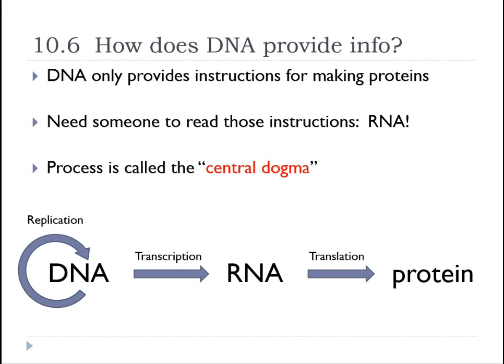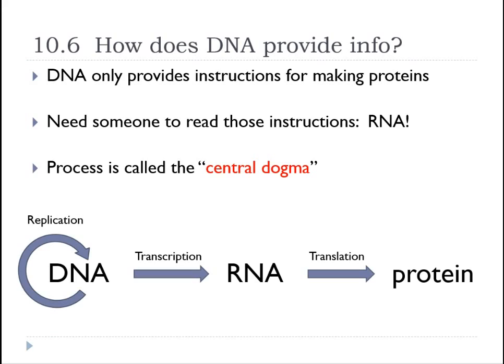Now, when it's time to make a protein, we're basically trying to figure out what's going on in the body, and we're making a protein or an enzyme or a hormone to counteract that. So what happens is your body has DNA in the nucleus. It does this thing called transcription, where it makes this sort of temporary template called RNA.